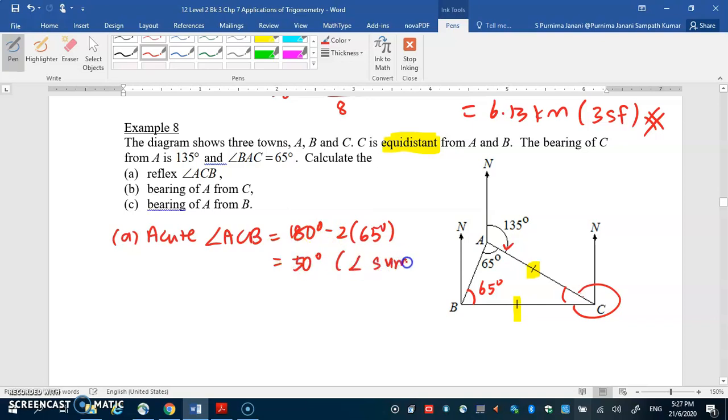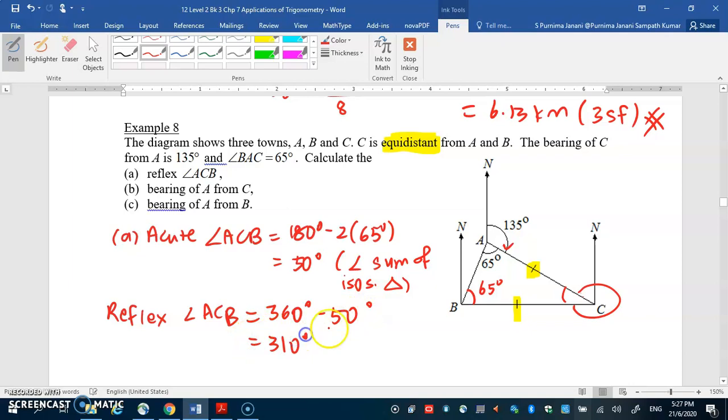So that's angle sum of an isosceles triangle. Okay, so to find the reflex angle, I'll just take 360 minus 50, and I'll get 310 degrees, the reason being angles at a point. Very good. That's for part A.